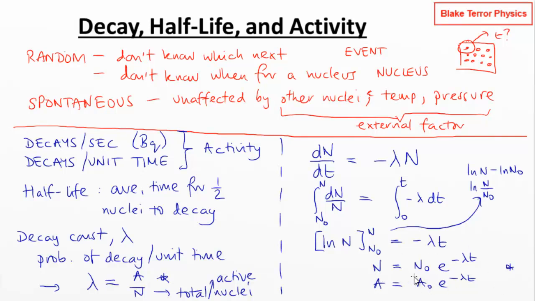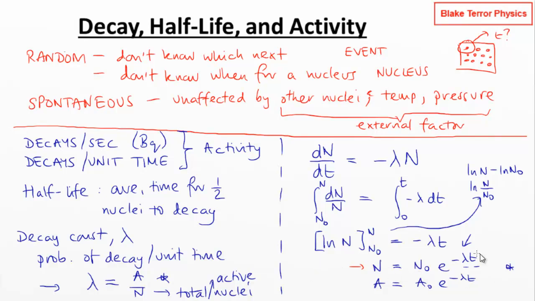One thing that's really useful for solving all of these, because you've got this issue of wanting to know what the decay constant is, or wanting to know something else, and maybe too many unknowns kicking around, is to solve this for the half-life.